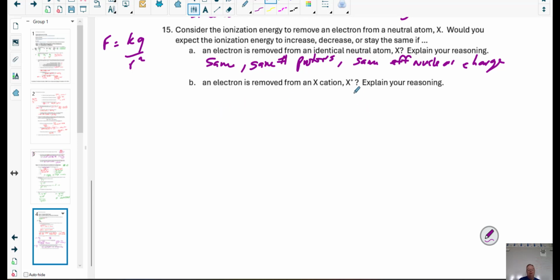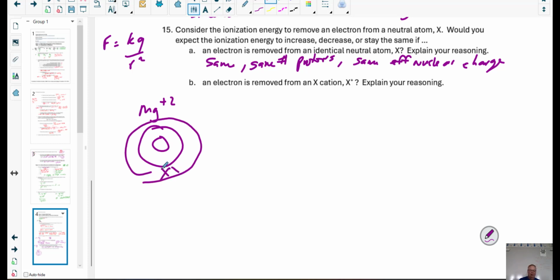All right, so if we're talking about a cation, let's go back to our magnesium plus 2. If we have a cation, we know we've removed this outside shell as compared to its neutral. So if I compare magnesium, which is its neutral, to the cation, Mg plus 2 would have a much higher ionization energy than Mg, because Mg plus 2 has a smaller radius.